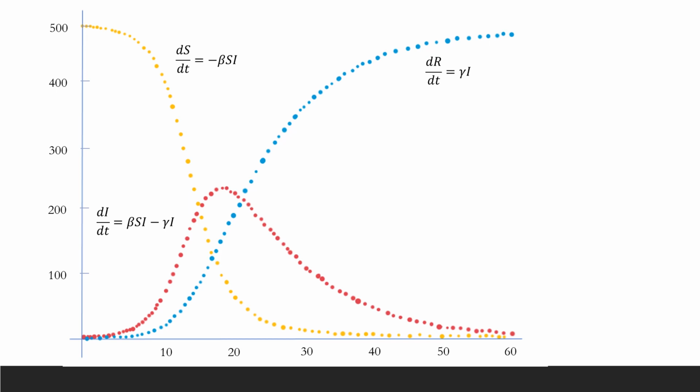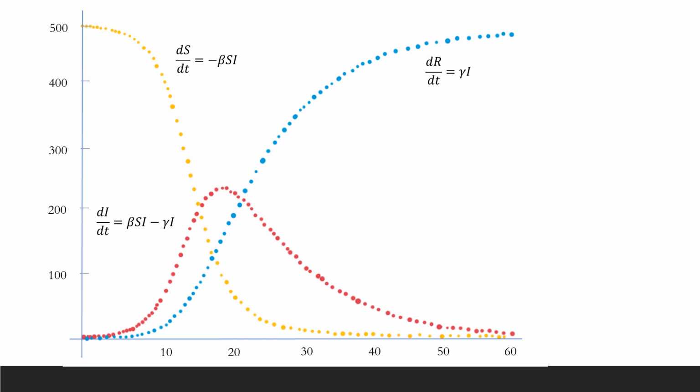Now, look at the maroon curve. As the yellow curve of the susceptible goes down, the maroon curve of the infected goes up and takes a peak and then gradually goes down. It has two terms, one positive and one negative. When the number of susceptible persons is high, the positive term dominates and the curve moves upward.